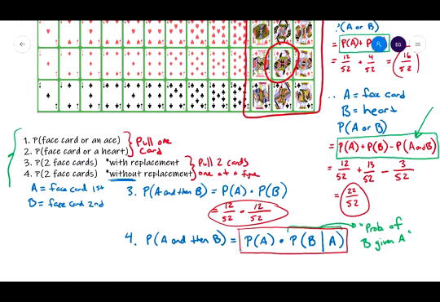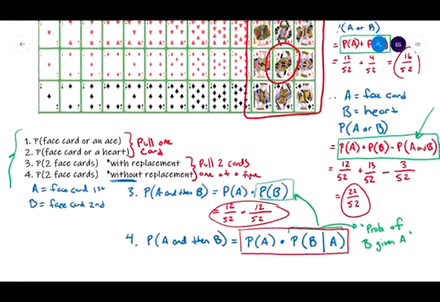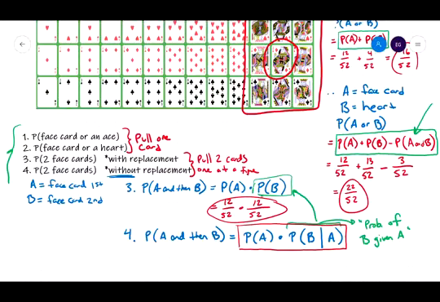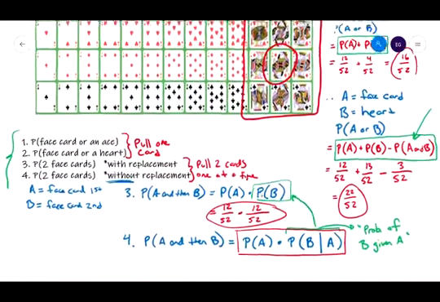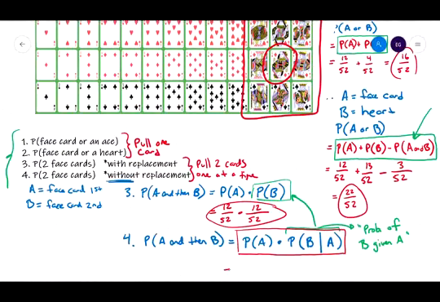If the events are independent, then A doesn't affect B, and this probability of B given A just becomes the probability of B. But if the events are not independent, if the events are dependent, then, again, let's say we draw the queen of diamonds first. So the probability that A happens is still 12 out of 52. And this is what's referred to as conditional probability.